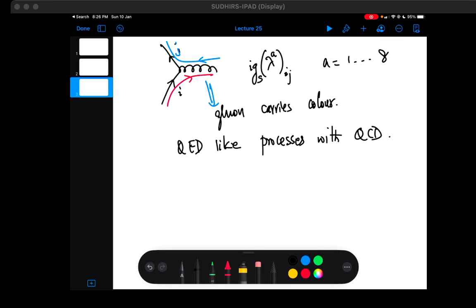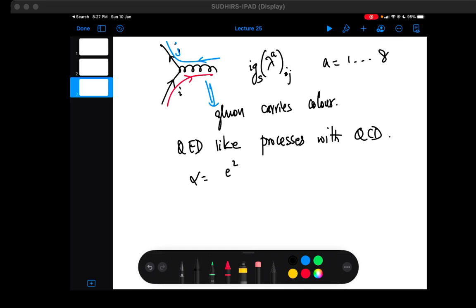First, the most important thing is the value of the coupling constant. In QED, alpha is equal to e squared by 4 pi, and e is very small.